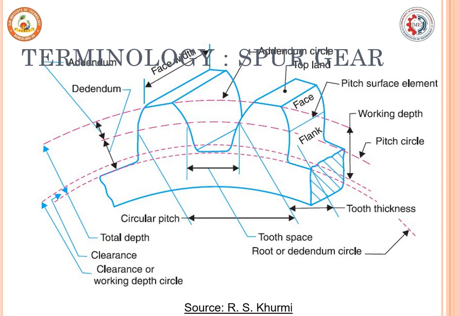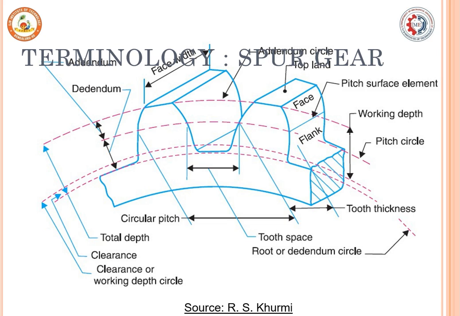The length in the third direction is known as the face width. The remaining is with respect to the circle we draw. Where the teeth engage is known as the working depth. At the center, the line we draw is known as the pitch surface element. These are all the main parameters to consider for the spur gear.